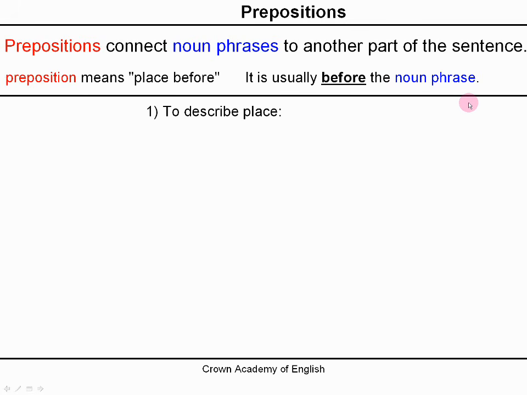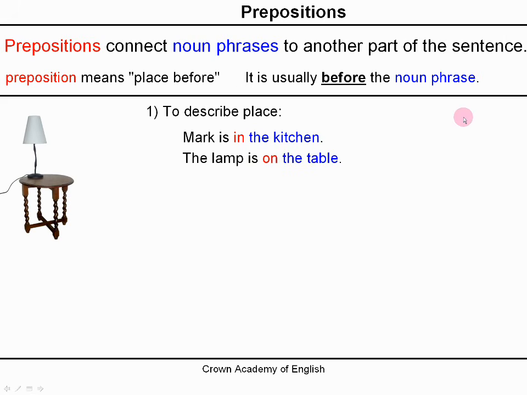And there are three common uses of prepositions. The first one is to describe a place. Mark is in the kitchen. The lamp is on the table. So these are prepositions of place.